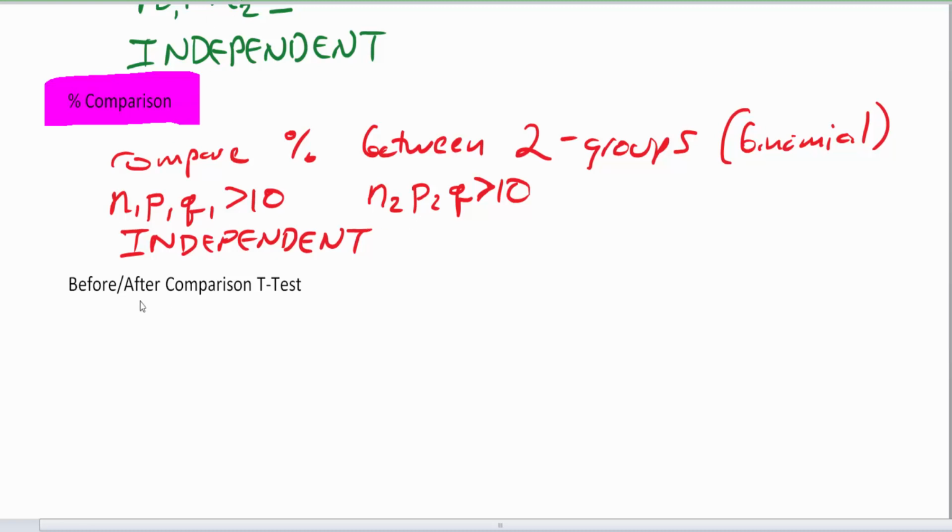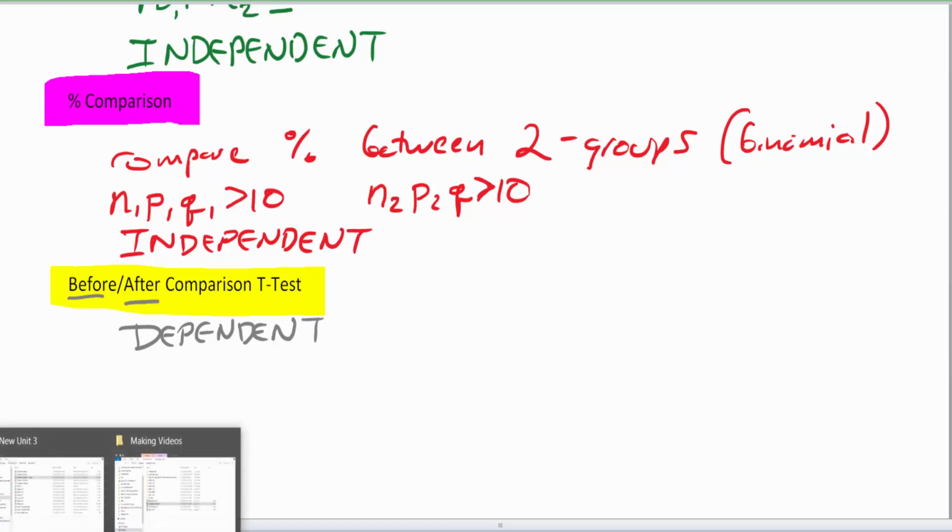Now, a little bit new to us here is going to be the before and after comparison t-test. Technically, we are going to take 2 groups, but in this case, this is dependent, because what we're going to do is a before and after of that dependent group.